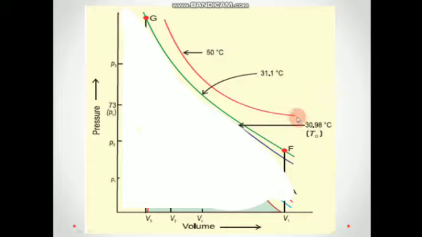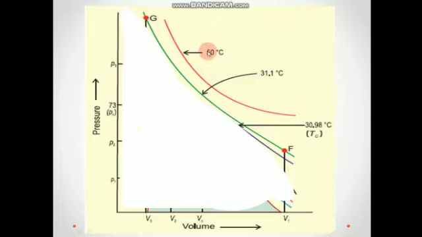As he increased the pressure, volume kept decreasing. That is a known fact: when pressure increases, volume decreases. But he started with a gaseous state and finally ended up again with the gaseous state only. So at 50 degrees Celsius he didn't see any change at all.